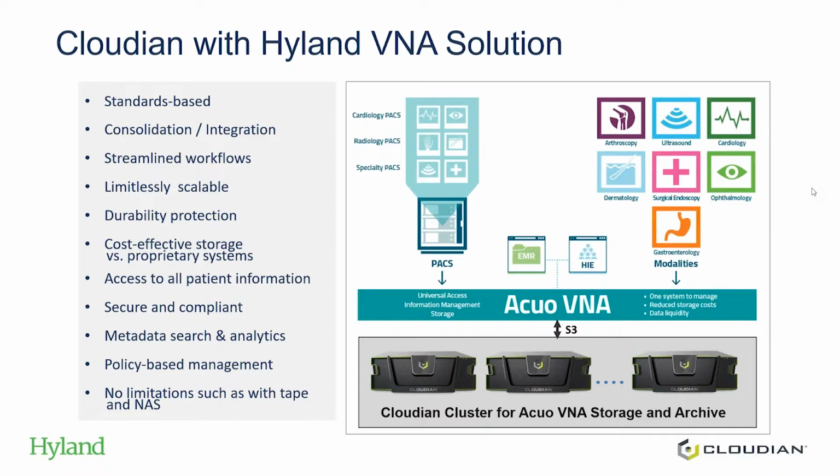There are huge productivity benefits here, a lot of efficiencies that you get, and that links directly at the bottom of that picture to that Cloudian object store, which is on-premise in the data center or in the hospital, but also, as I'll talk about later, has options to tier to a public cloud if that's of interest, for example, for disaster recovery.